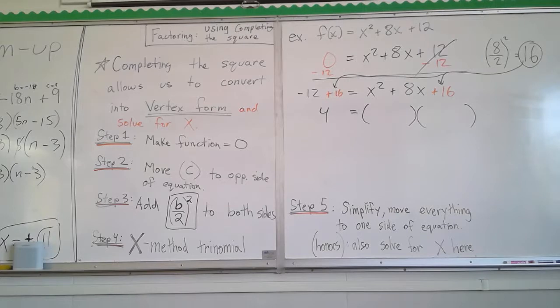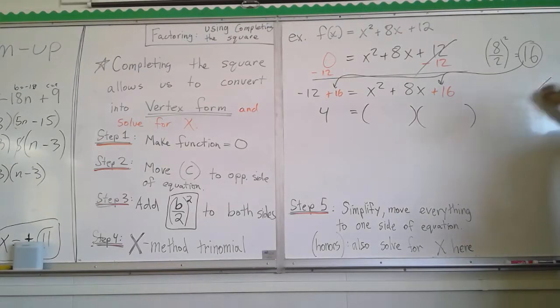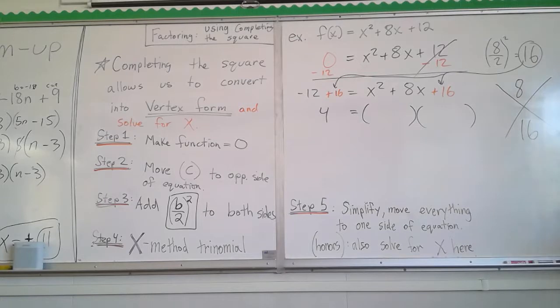So let's see what happens. C is on the bottom, E is on top. What 2 values multiply to give us 16, add to give us 8? 4 times 4 is 16, 4 plus 4 is 8.